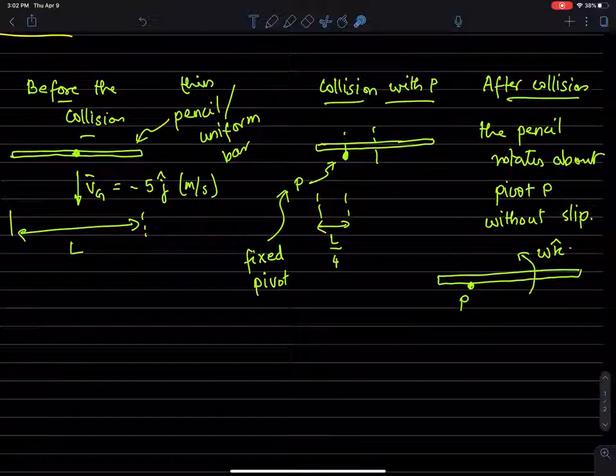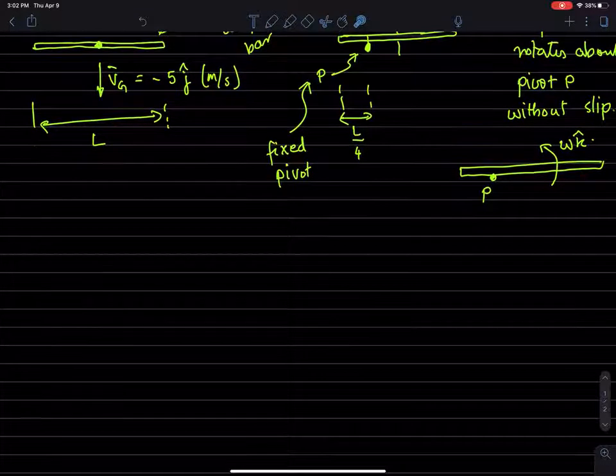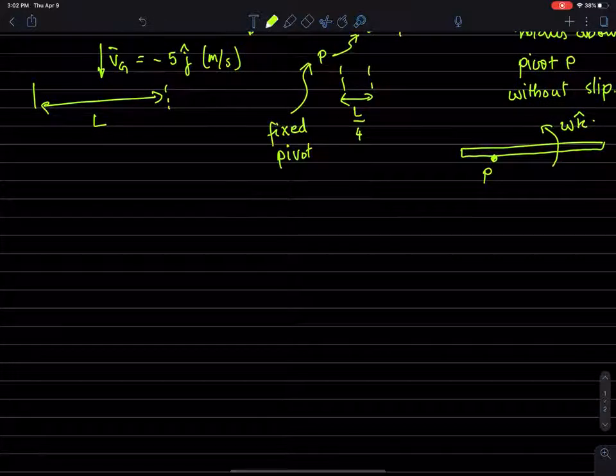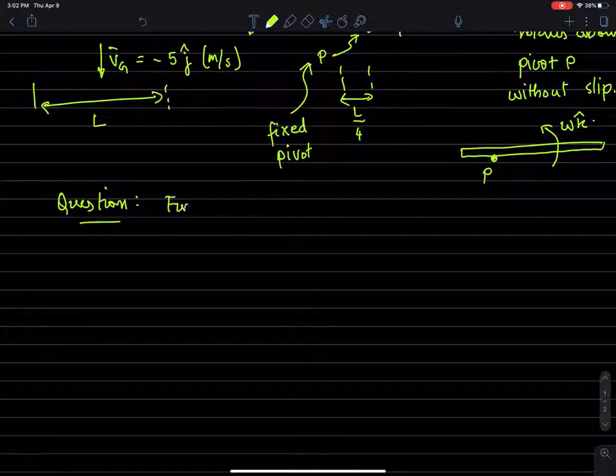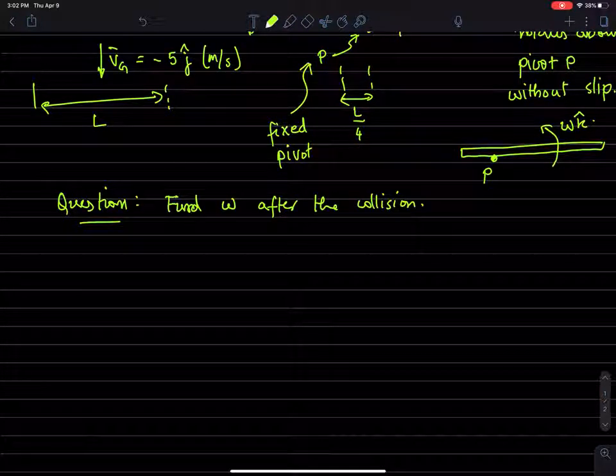Okay, so that's the setup of the problem. So the question is find omega after the collision.